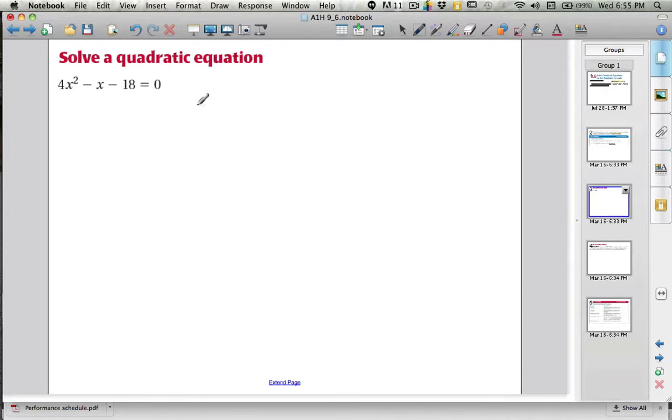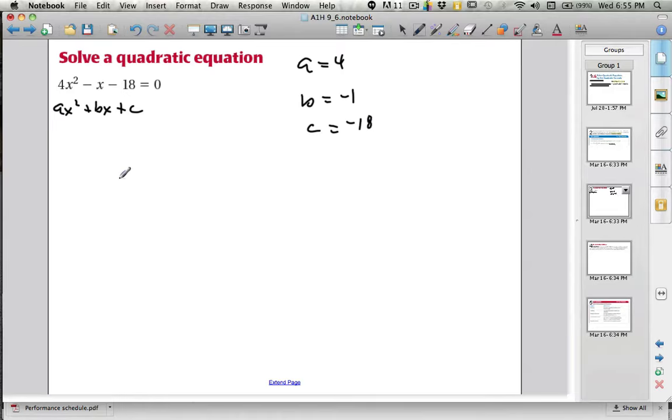So if I want to go ahead and solve a quadratic equation, I need to make sure that I remember that I have to find the values of a, b, and c. So in this case, a is equal to 4, b is equal to -1, and c is equal to -18.